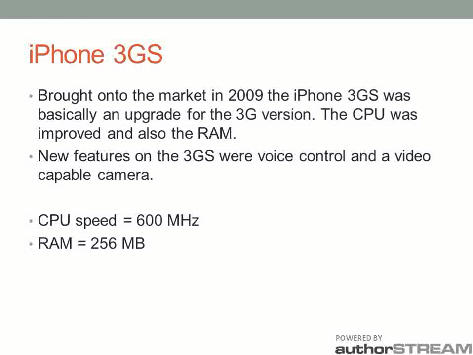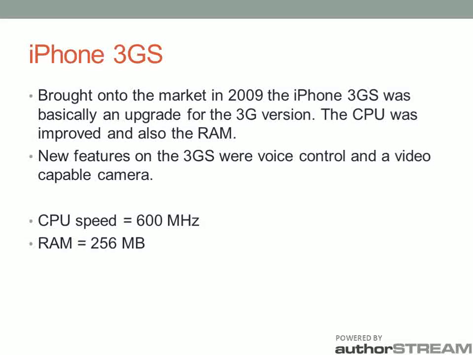The 3GS was basically a modified version of the 3G. They improved the hardware, basically is all they did: more CPU, more RAM. Also new features introduced was voice control, which basically means you can control your iPhone using your voice.